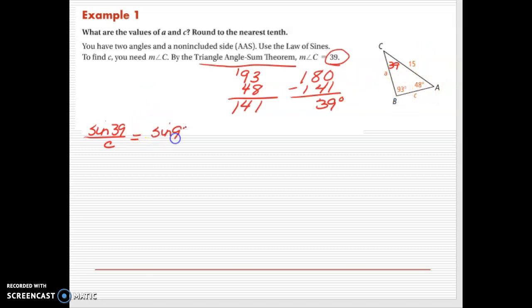Sine of 93 over 15. To find the C, you would cross multiply so that 15 times the sine of 39 equals C times the sine of 93.